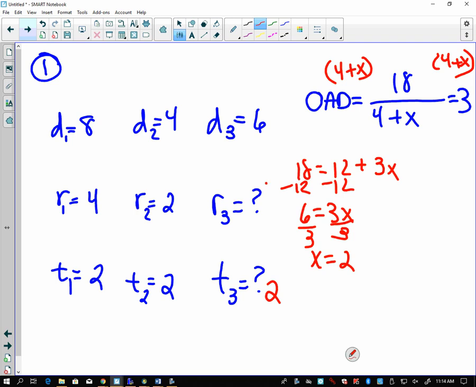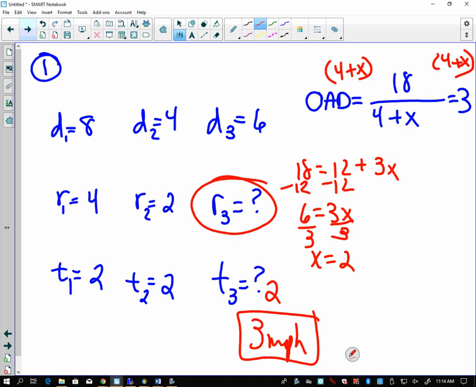But our question was, what did his rate need to be? Well, if we know his distance was 6 and it took him 2 hours to do it, what was his speed for the last 6 miles? 3 miles per hour for the last 6 miles. So question number 1 is 3 miles per hour.